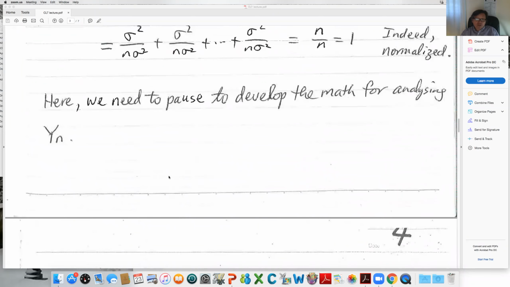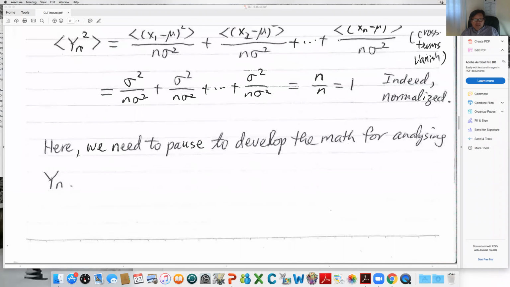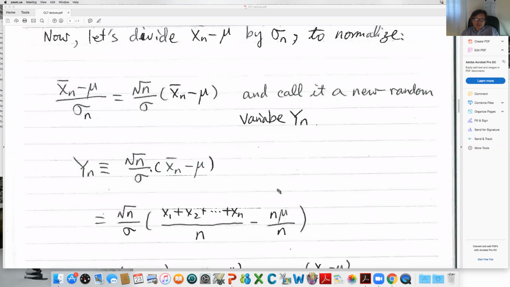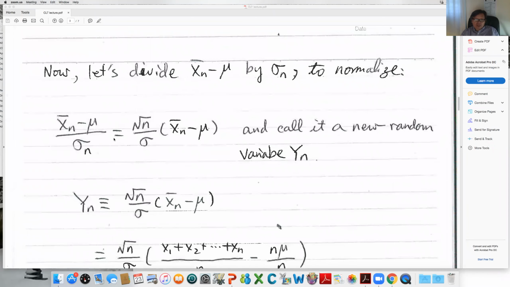Okay, so now we want to develop the mathematics to analyze this yn. Just keep in mind that what this yn is, this is a definition.